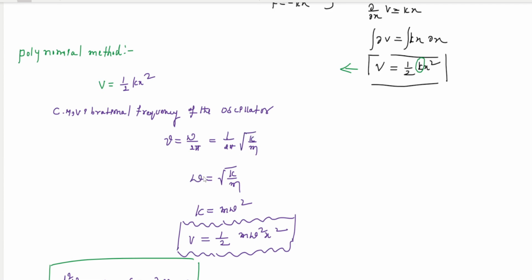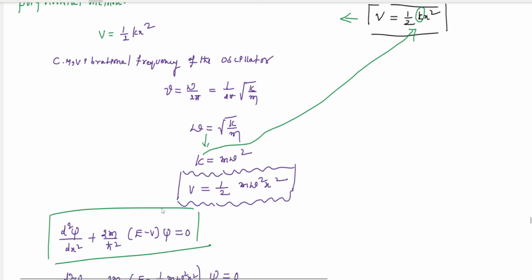The angular frequency omega equal to root k divided by m. From this equation I can get k is equal to m omega square. So try to put k is equal to m omega square here, then you can get 1 divided by 2 m omega square x square. This potential energy I'm going to use here.